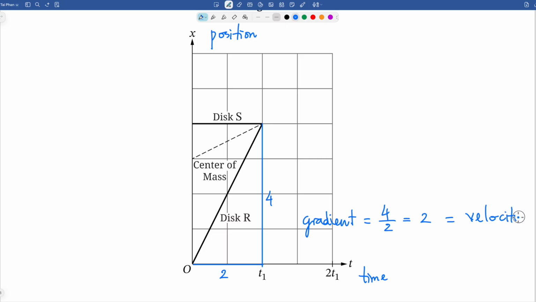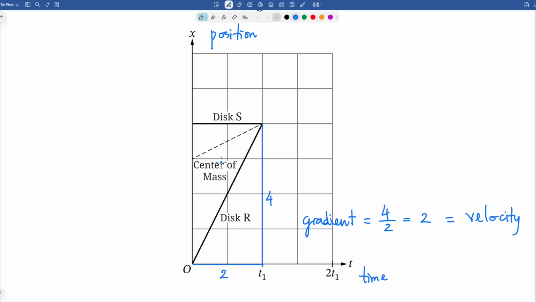A positive gradient, an upward line like this, means the velocity is positive. A downward line, which has a negative gradient, means the velocity is negative. This line represents the velocity of the disk R moving before the collision. And the disk S was initially stationary, so it's horizontal like this.